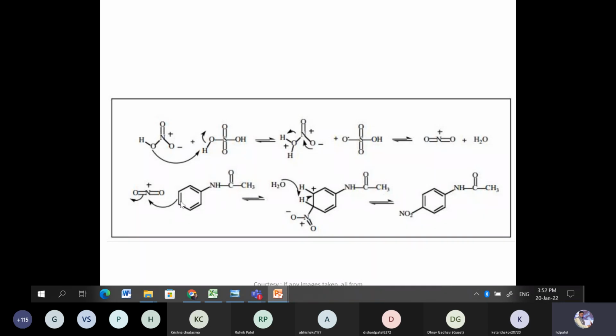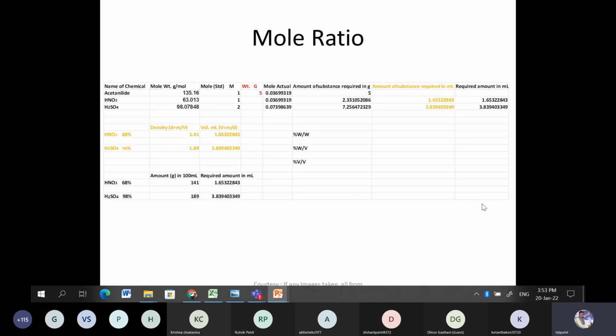When negative charge is on the para position, that will be the most stable resonating structure, and that's why NO2+ will attach at the para position. Then deprotonation will take place, and due to this deprotonation we will get para-nitroacetanilide as the major product.